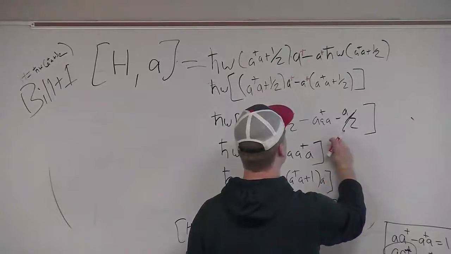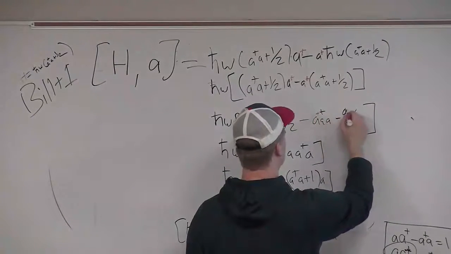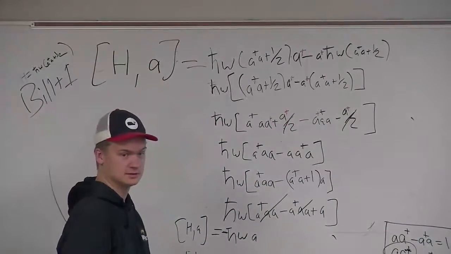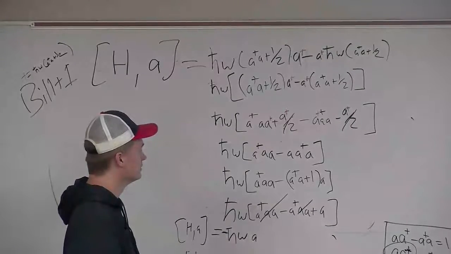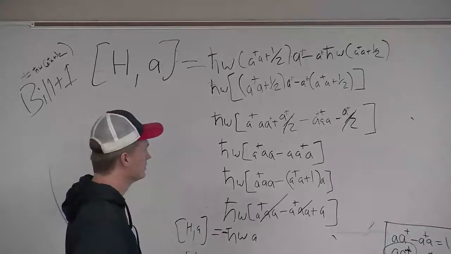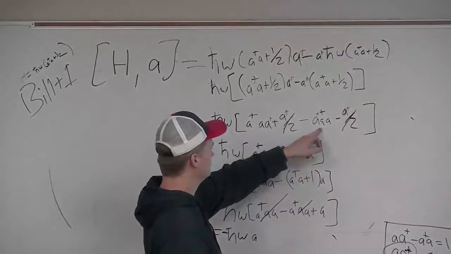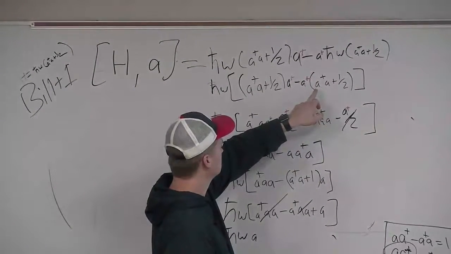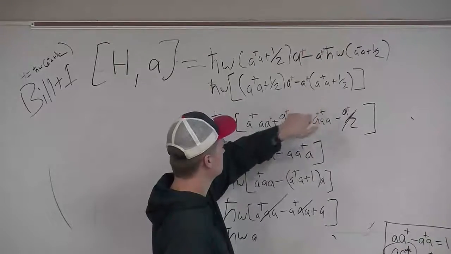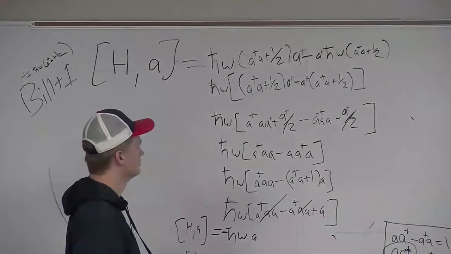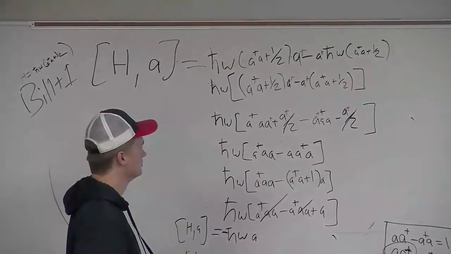So it will be a dagger a dagger a, right? No? Why no? Because in the brackets, the a dagger would have to go before the first term, because it's a dagger comma H, not H comma a dagger. You have to flip those two around because it's a dagger H instead of H a dagger. h bar omega are not operators. But the a dagger a plus 1/2 a dagger should be a dagger times the parentheses.